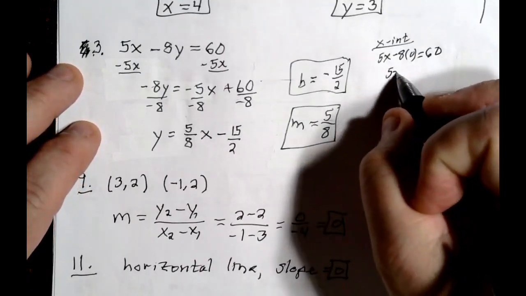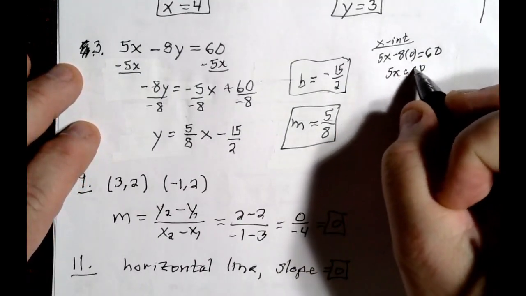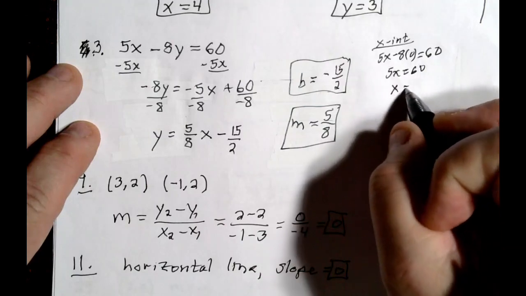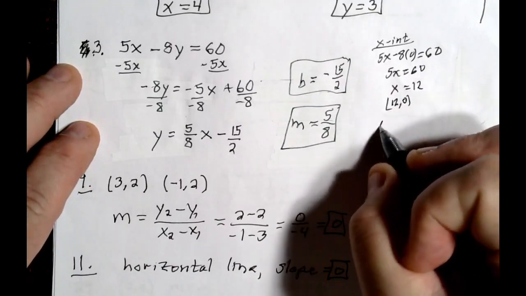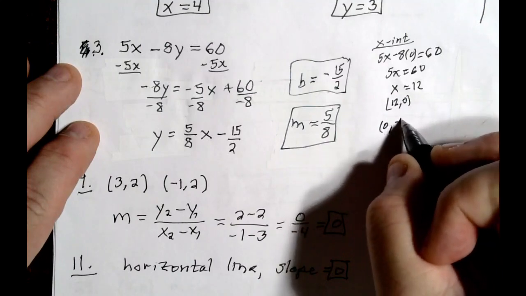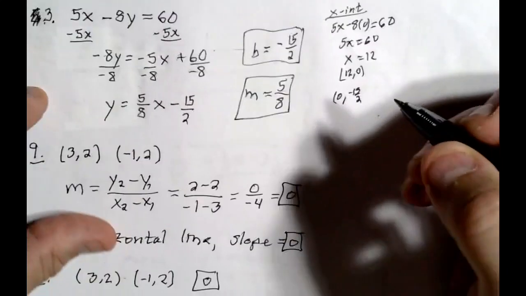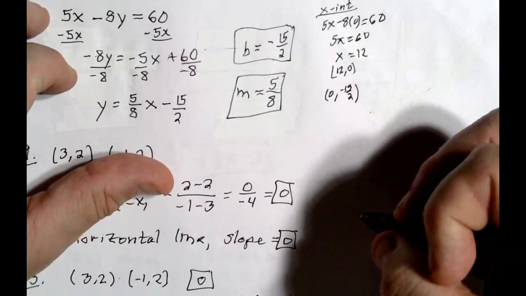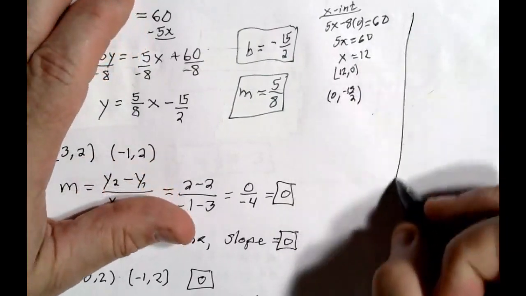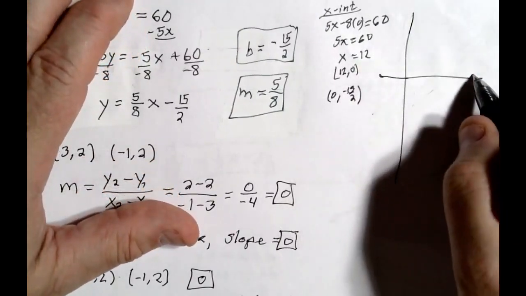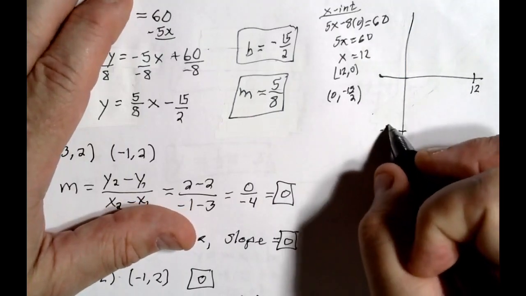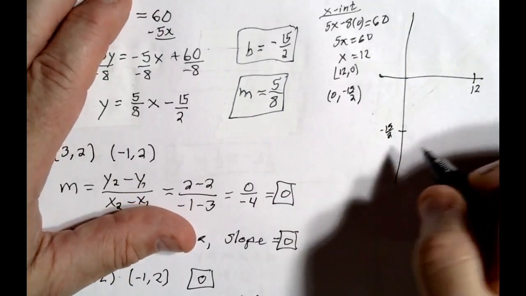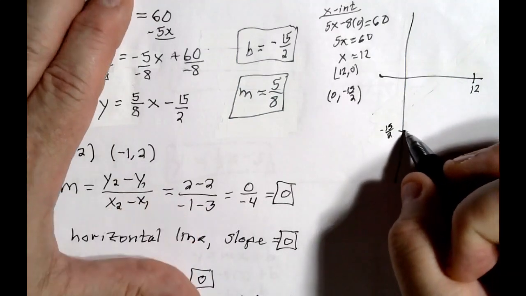So that's 5x equals 60. Divide by 5 and you get x equals 12. So that's 12, 0. And 0, negative 15 over 2. Okay. So you can plot 12 out here and negative 15 over 2 down here, and there you go.